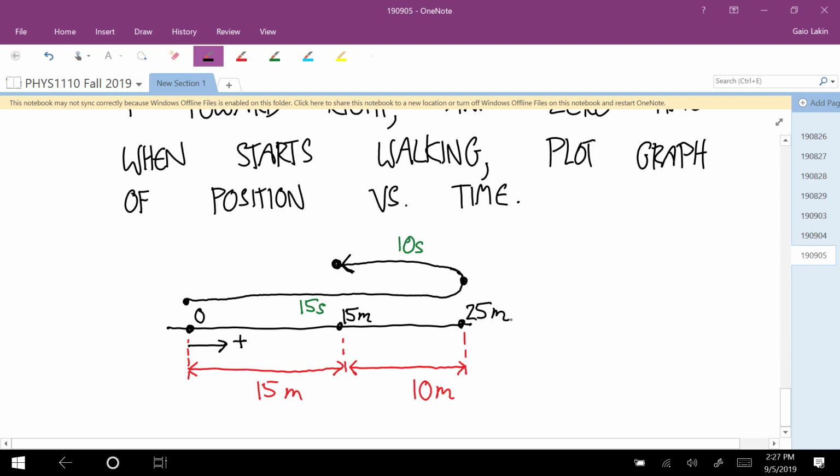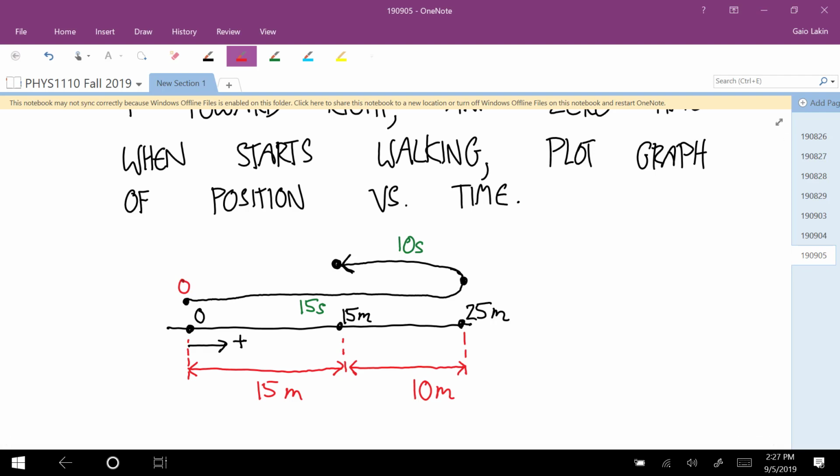And now we know the elapsed time between these events, but now we can put time labels on all the places where I've drawn these points. I said 0 time is when the person starts walking. So we'll label this 0 seconds. Okay, that's when you turn the stopwatch on.